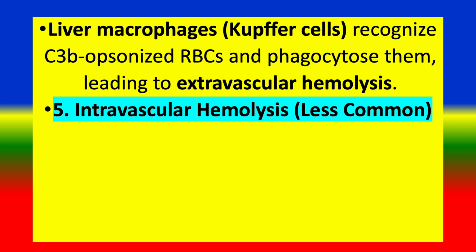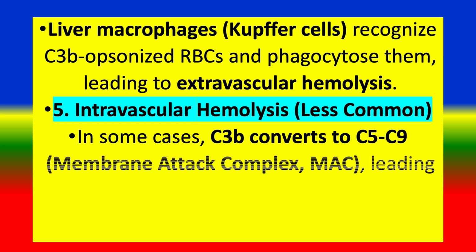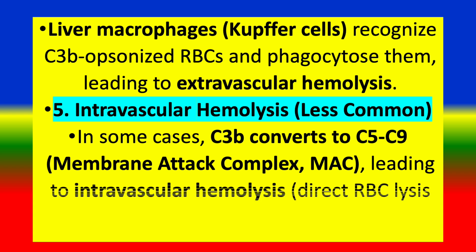5. Intravascular hemolysis, less common. In some cases, C3b converts into C5 to C9, the membrane attack complex, MAC, leading to intravascular hemolysis, a direct RBC lysis in circulation.